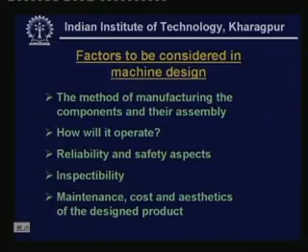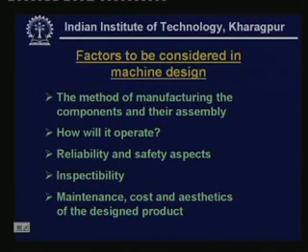So, that is what reliability is. So, all safety aspects starting from environment to design strength as a whole should be taken up to make a machine reliable. Inspectability means you have to check the machine from time to time.